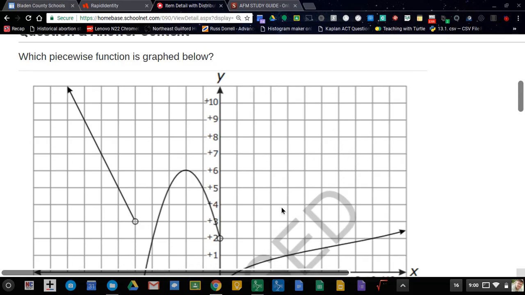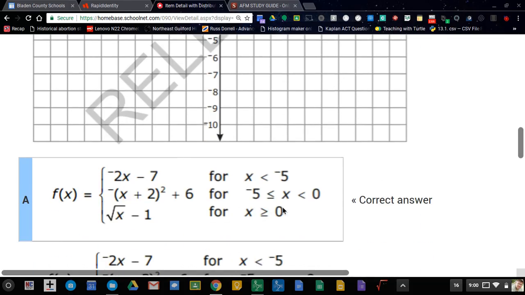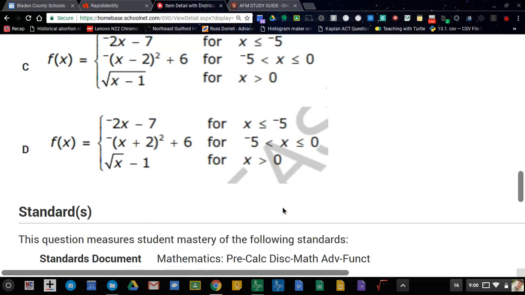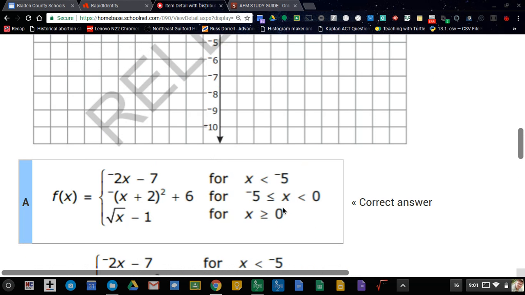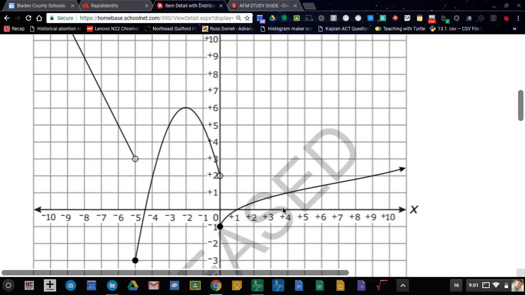We have a piecewise function graphed, and they want us to find the function that represents this graph. So before I even start looking at my answer choices, can we examine the graph and see what you see? What kind of observations do you make?